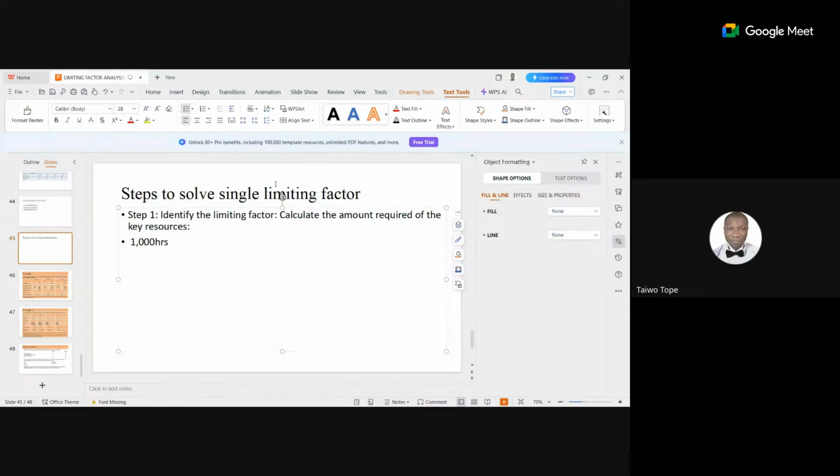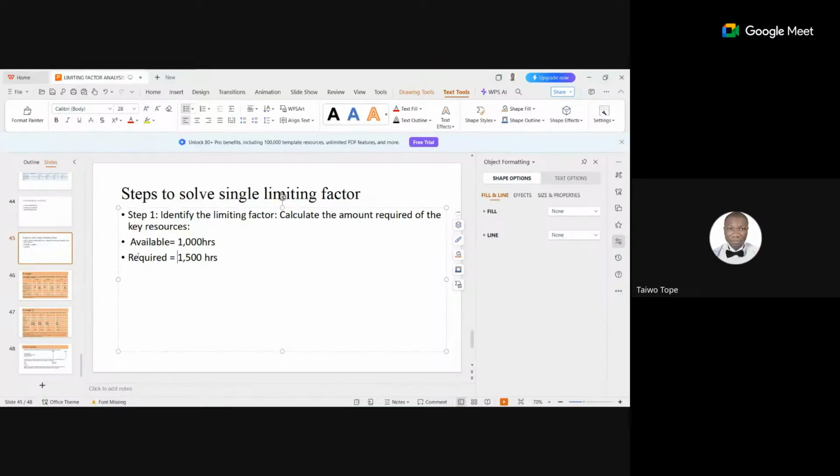Now, based on your calculation, based on the demand, or based on your budgeted production in units, the required hours might be, let's say, 1,500 hours. It shows that what is available is 1,000 hours, required is 1,500 hours.